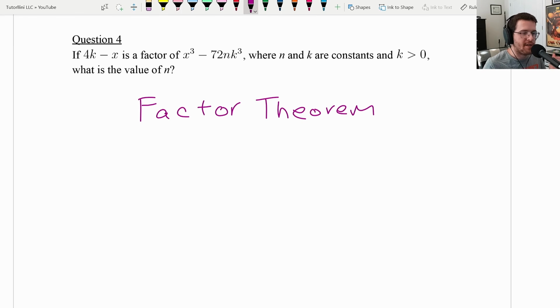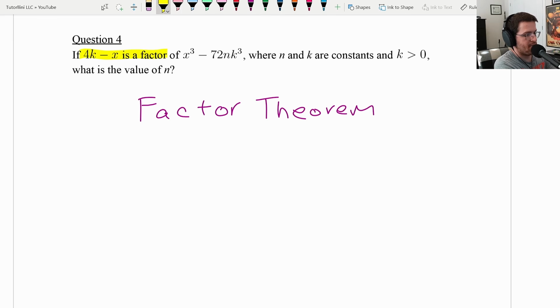So if k is a root, then x minus k is a factor. Now, it's not really helpful for this one because the factor's in kind of this wacky form, like 4k minus x, right? So it's better if you just understand it conceptually. So if something's a factor, whatever makes the factor equal to 0 is going to make the expression equal to 0 as well. So let's figure out what makes the factor equal to 0.